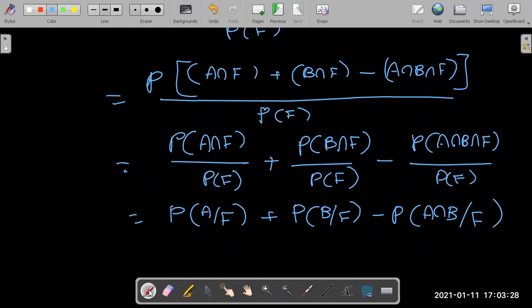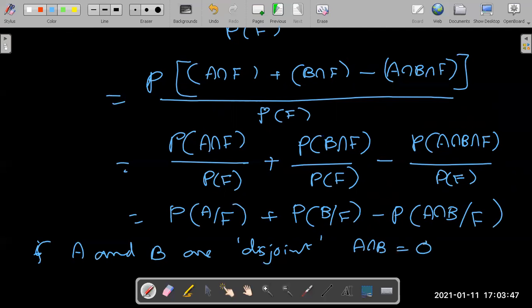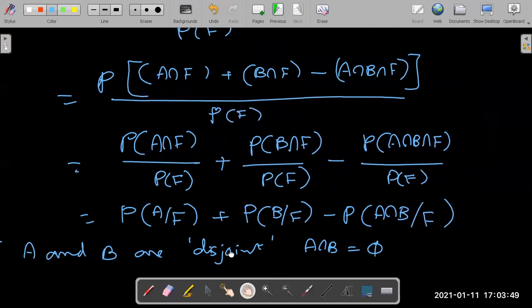And a subset of this, the corollary for this, is if A and B are disjoint, remember disjoint. If they are disjoint, then A intersection B is a null set, so it will be 0.